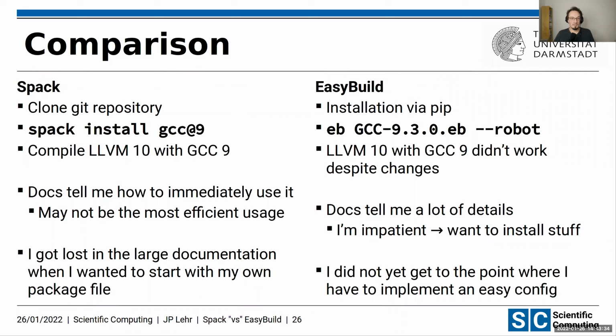I don't know if that's a valid assumption or use case for EasyBuild in general, if it's more targeting, let's say, larger deployments. And so I guess the documentation can be a little more verbose in the beginning. I don't know if it makes sense to boil it down to as little as you have with Spec, for example, in that regard.